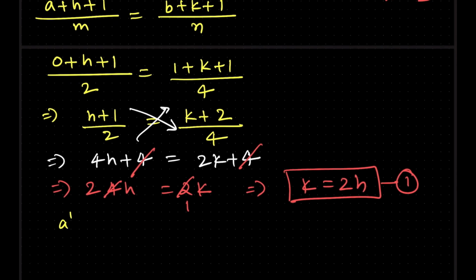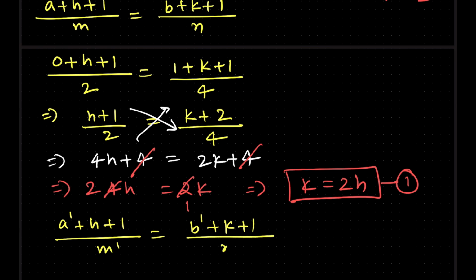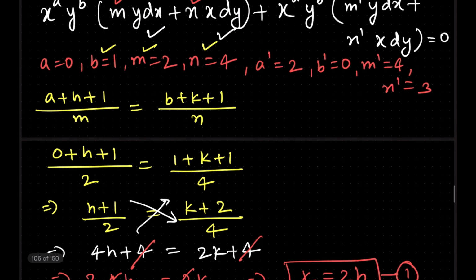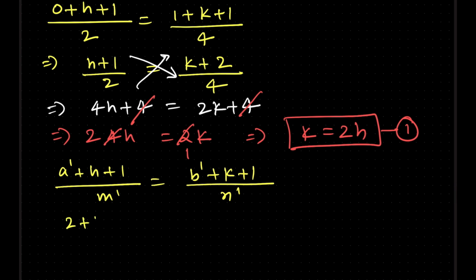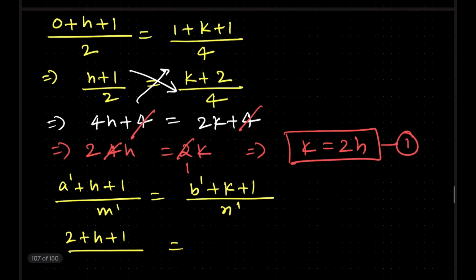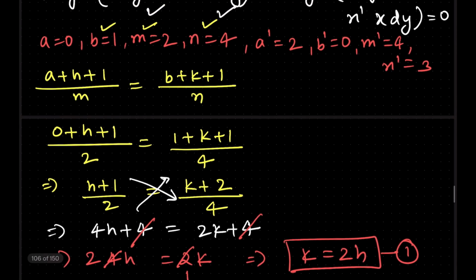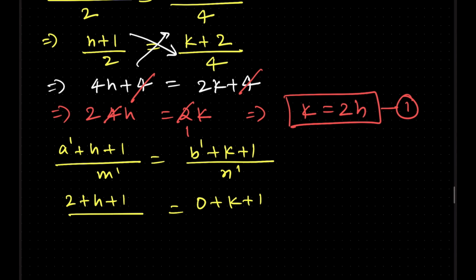So now let's solve our second equation. So our second equation will be a dash plus h plus 1 divided by m dash is equal to b dash plus k plus 1 divided by n dash. So our value of a dash is 2 and b dash is 0. So 2 plus h plus 1 and b dash is 0, 0 plus k plus 1, and m dash is 4 and n dash is 3.